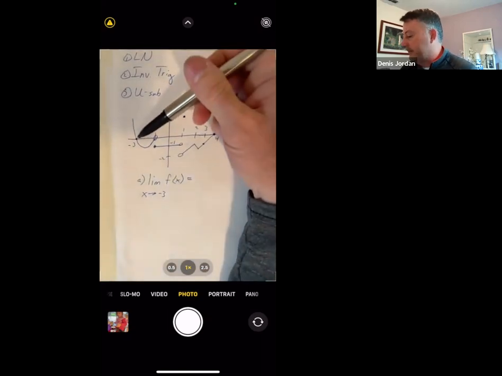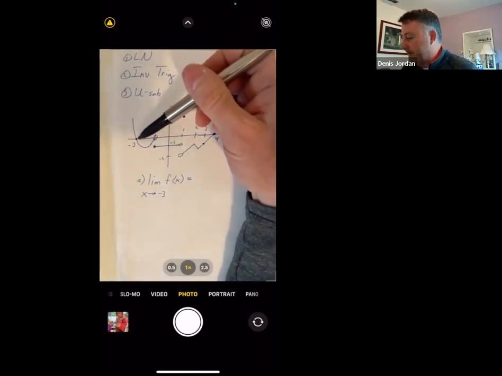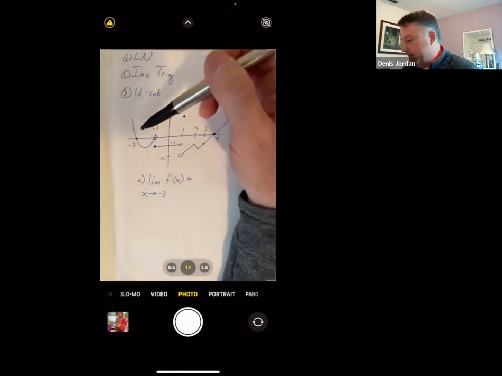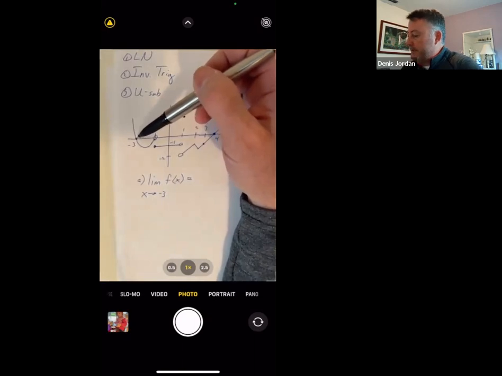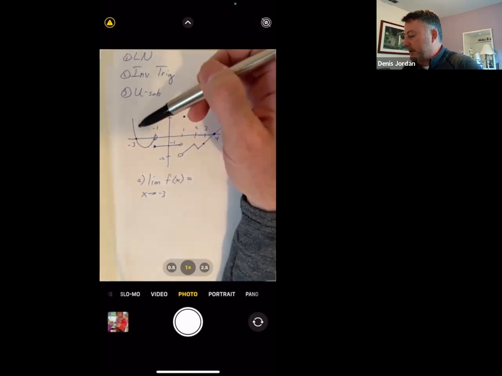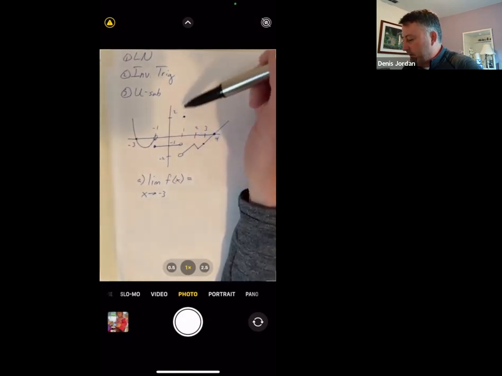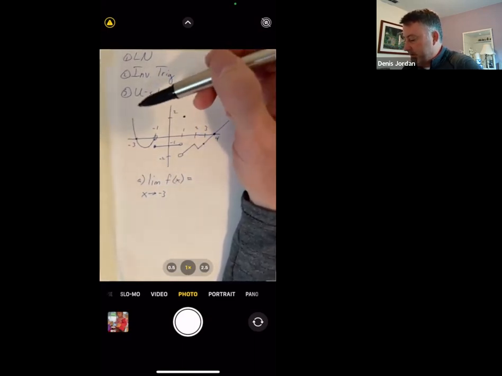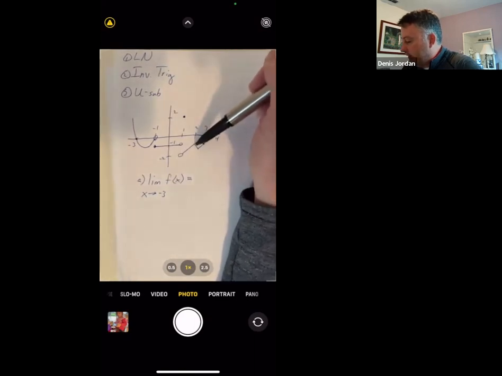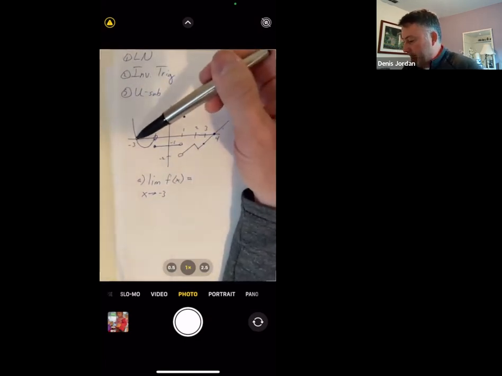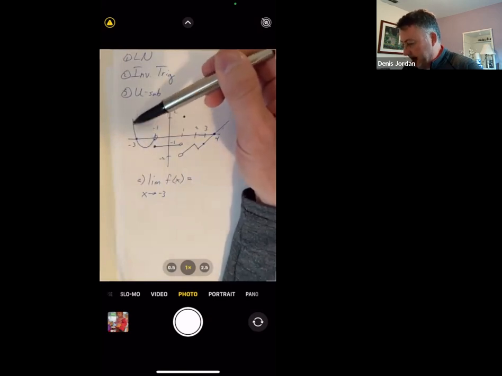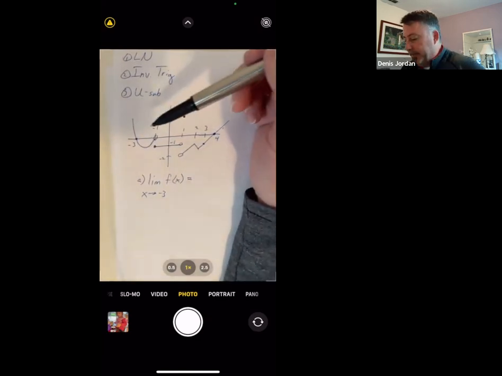So the point wasn't drawn there. I just did it just to do it, but it doesn't matter. Some people answered it and they were like, "Oh, it's DNE because there was no physical dot." But as long as there's no open circle or vertical asymptote, then the function exists there. So whether there's a dot on it or just solid graph, it's the same thing.